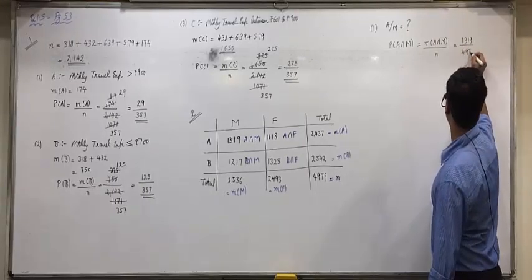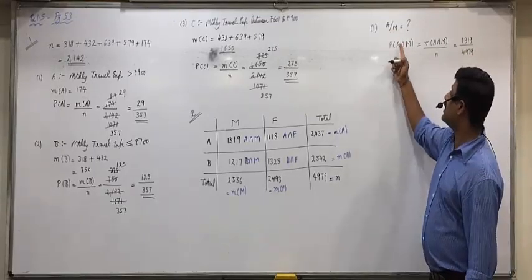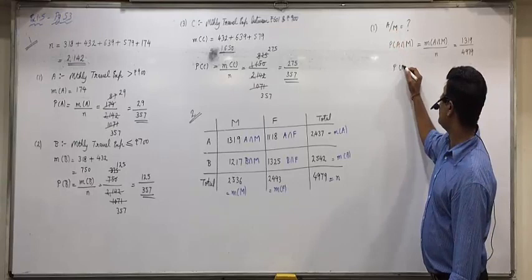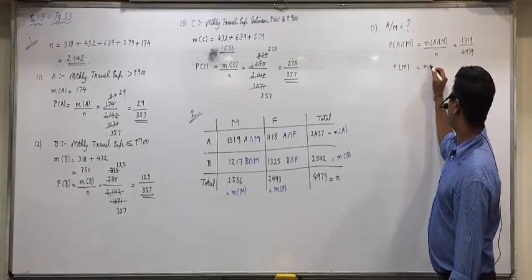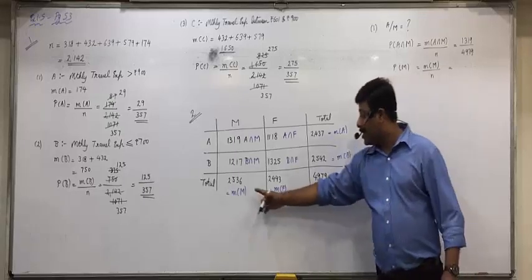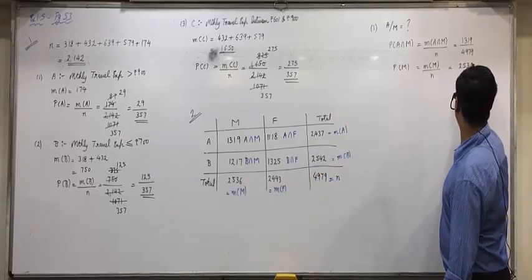No need to simplify. And what is the formula of A slash M? A intersection M upon M. Denominator is denominator. So P of M, n of M upon n, that is 2536 upon 4979.